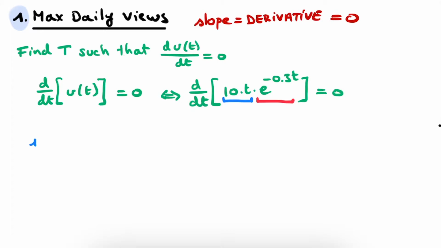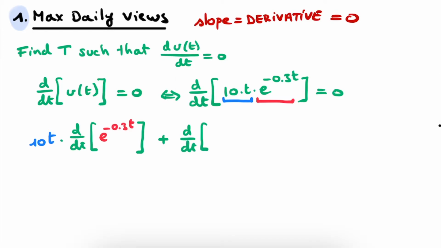We first just write our one function, and we multiply this with the derivative of our second function, which is e to the power of minus 0.3 times t. And then we add to this the derivative of our first function, which in this case is simply 10 times t, multiplied with our second function, e to the power of minus 0.3 times t.